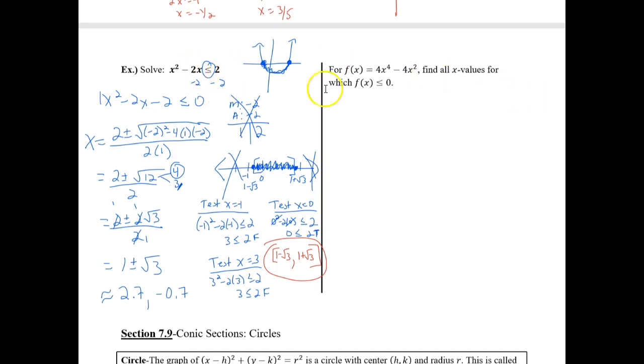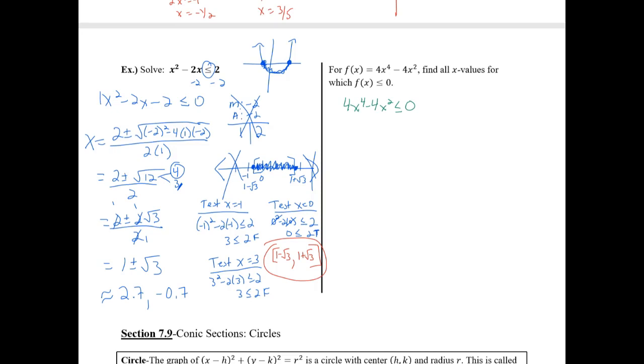That's basically the same thing we did, because if we replace f of x with the polynomial 4x to the fourth minus 4x squared, we want to know when those values are less than or equal to 0. So we have everything on one side already.